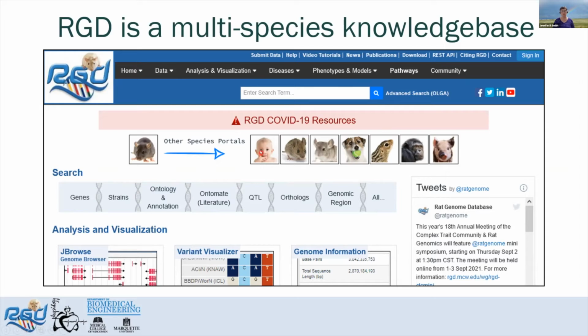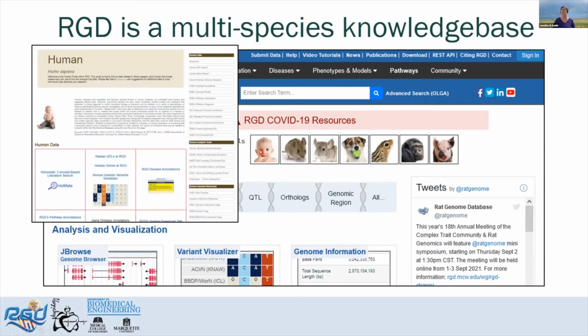So to start off, we have human, and each of these landing pages shows general information about the species and its use in research, or in terms of human, the fact that it is what we're all trying to work toward, and then provides links to species-focused data and searches, and links to RGD tools with the species already selected where that's an option.